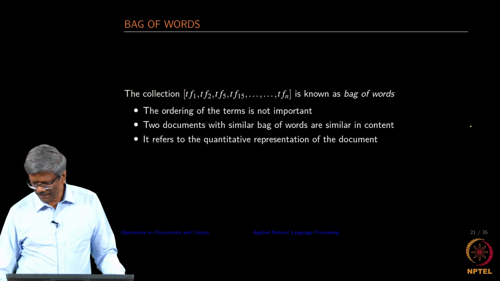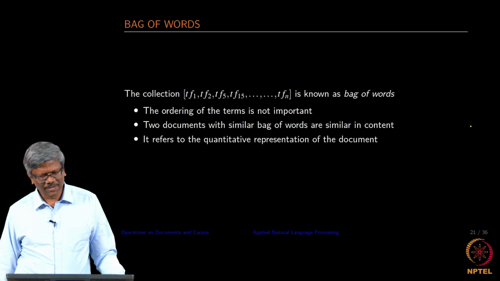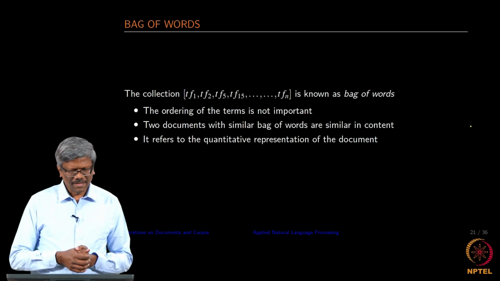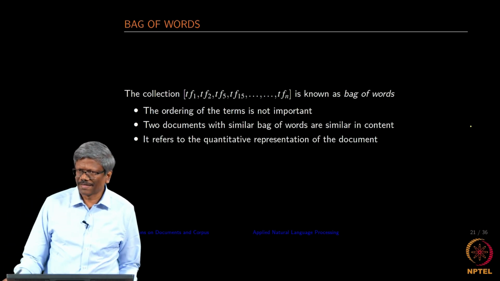We move on to the next terminology that we will keep using in natural language processing, which is bag of words. A bag of words is nothing but a collection of words.